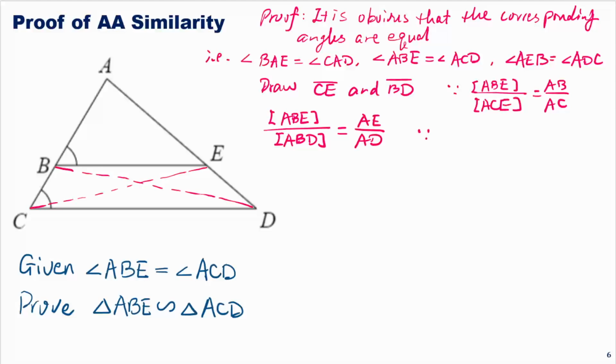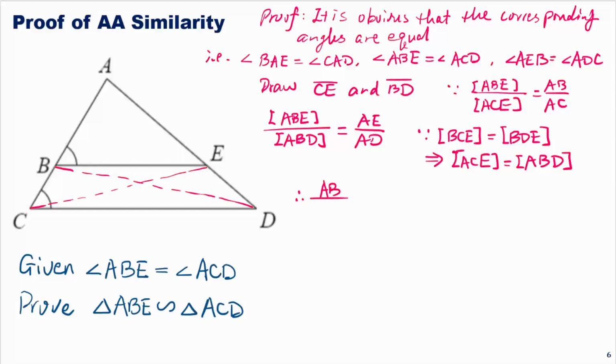And also because the area of BCE equals the area of BDE, this indicates that the area of ACE equals the area of ABD, right? And then we have the ratio AB over AC should equal the ratio of AE over AD.